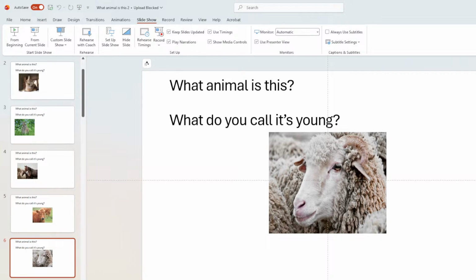Okay. So this is known as sheep. Sheep. Now, what do you call the young one of a sheep?